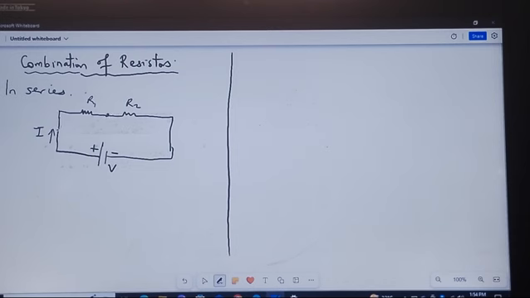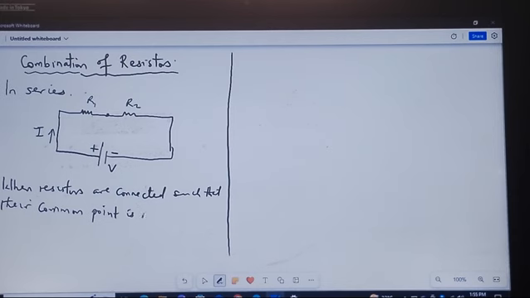Now, when resistors are connected such that their common point is not connected to another circuit, then we say that they are connected in series.